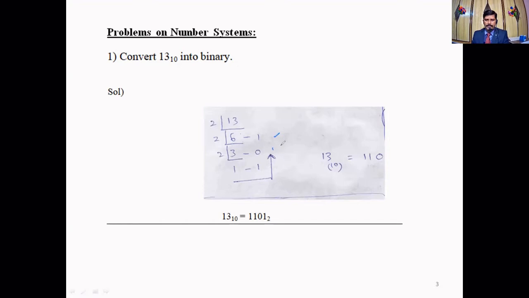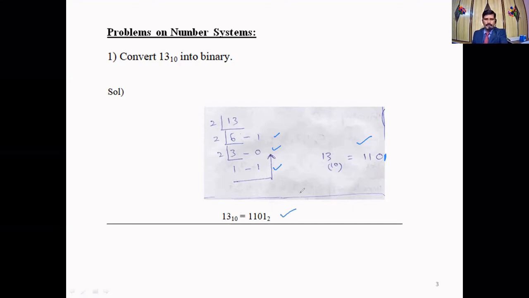Once again divide by 2, and the remainders in this direction give 1101. So 1101 is the answer.